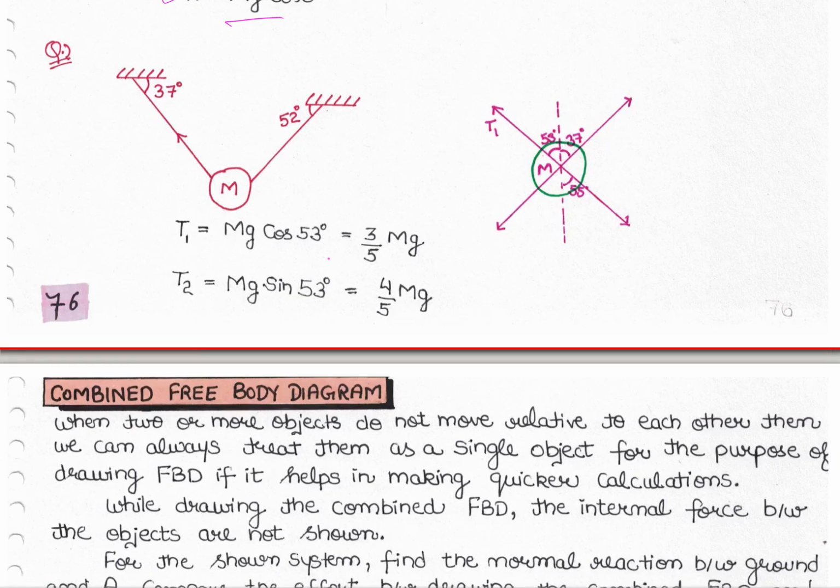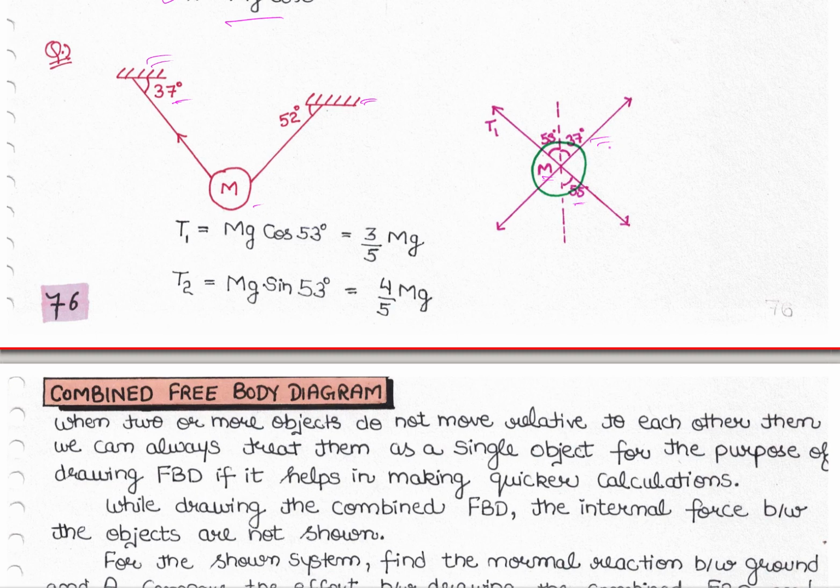Here a mass with a wire making an angle 53 degree with this surface, and making another 37 degree angle with this surface. So its free body diagram looks like this. This is capital M. This is the angle with the vertical axis, 53 degree.